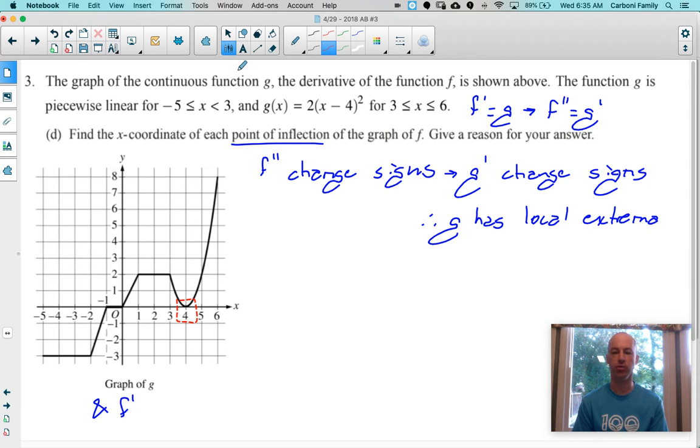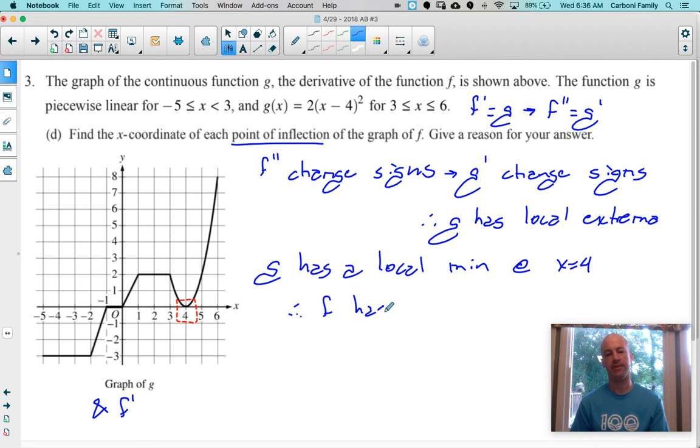There is a local minimum at x equals 4. And so g has a local minimum at x equals 4. Therefore, f has an inflection point at x equals 4. And that would be the only one.